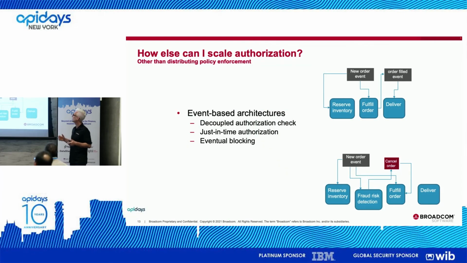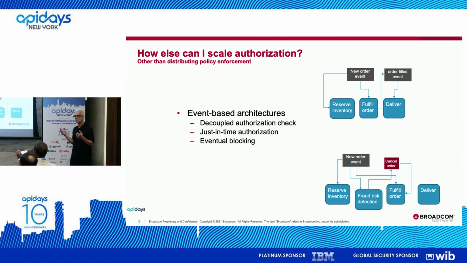So how else can I scale authorization other than distributed decision making? Here again, event-based architectures are really, really helpful. They don't always apply, depending on the use case, but event-based architectures also help you with scaling authorization.